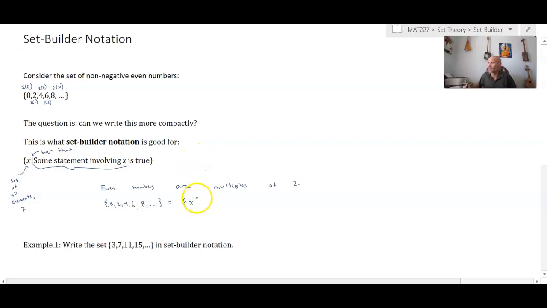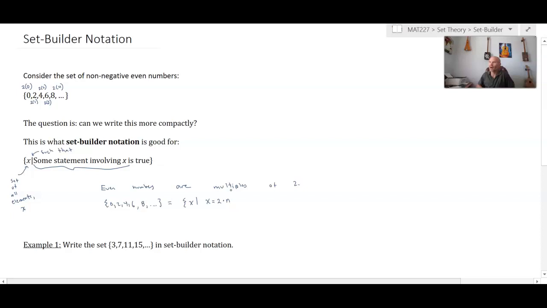I have to give this a greater explanation. So it's going to be the set of all elements x such that, or where, the property that x is equal to or can be factored into 2 and some other number. Those are the even numbers, all numbers that are 2 times some integer.